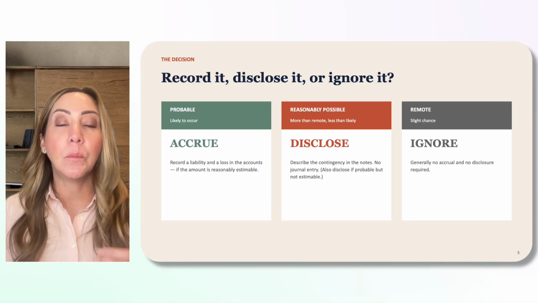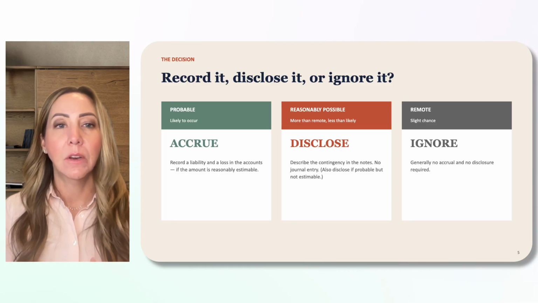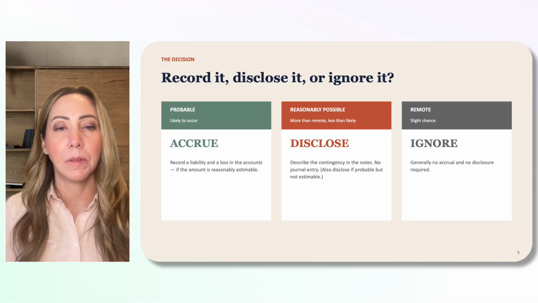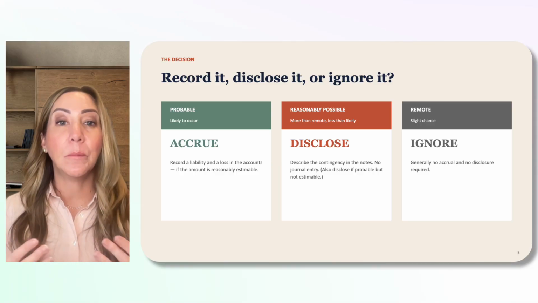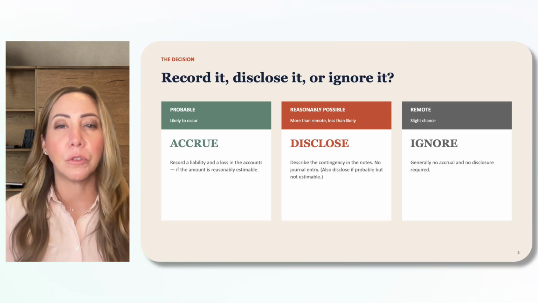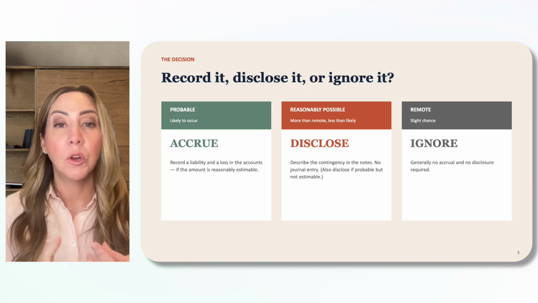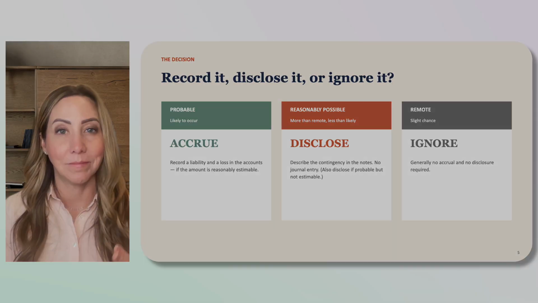And importantly, we also fall into this disclosure bucket if a loss is probable, but we can't reasonably estimate the amount. We can't record a number, but we still owe users a disclosure. Finally, if the loss is remote, only a slight chance of occurring, then we generally ignore it. No accrual, no disclosure required. So that's the structure. Probable and estimable means record, reasonably possible means disclose, and remote means ignore.